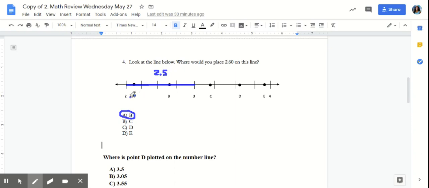So we know that A can't possibly be our answer. So this proves that point B represents 2 6/10.